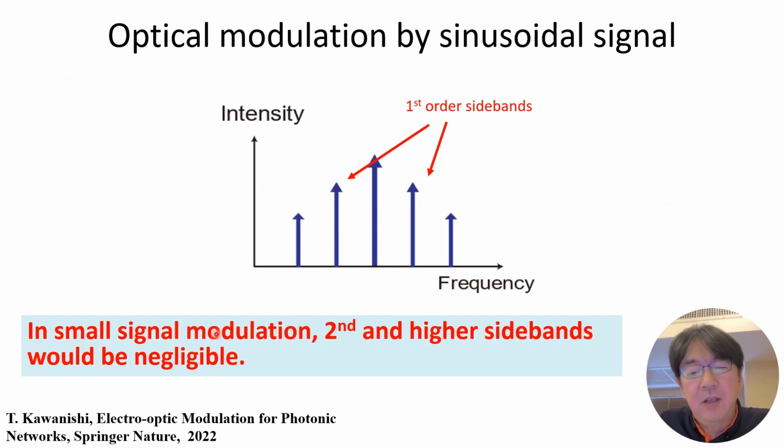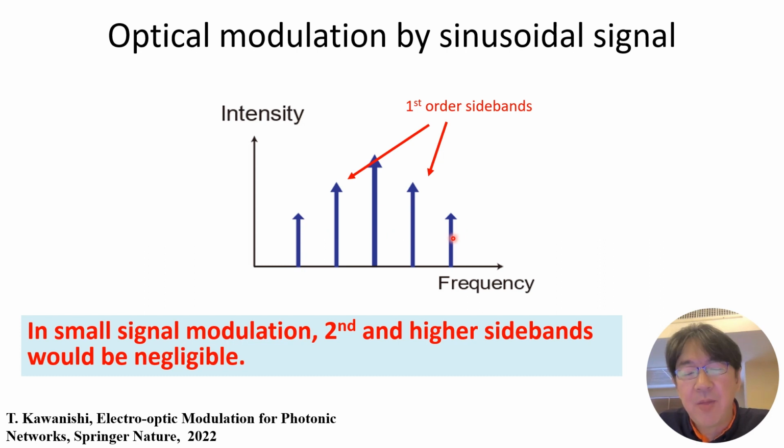But if the modulation signal is small enough, we can neglect the higher order sideband component. Here is a carrier component. We call them first order sideband component. There are second order sideband components.